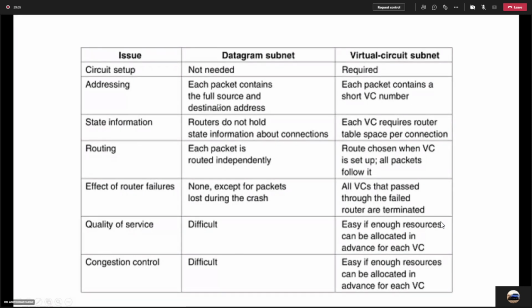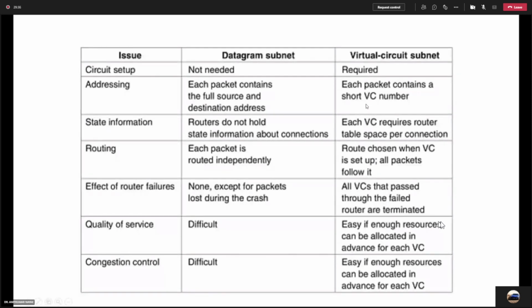So each packet contains the full source and destination address, and in virtual circuit subnet each packet contains a short VC number. So short VC number means whenever the sender establishes the path with the receiver, logically one connection will be created in connection oriented service.